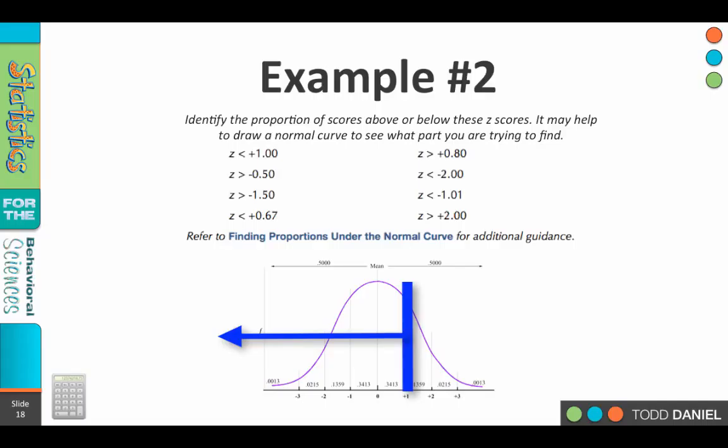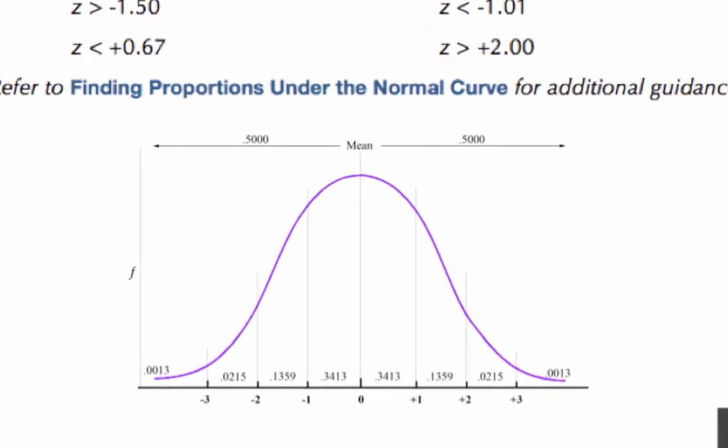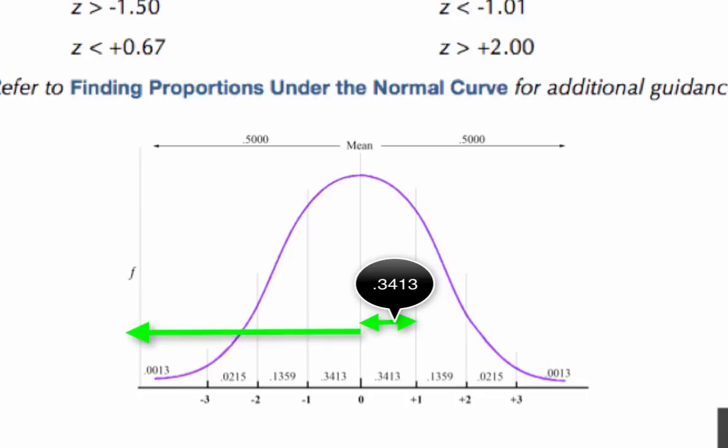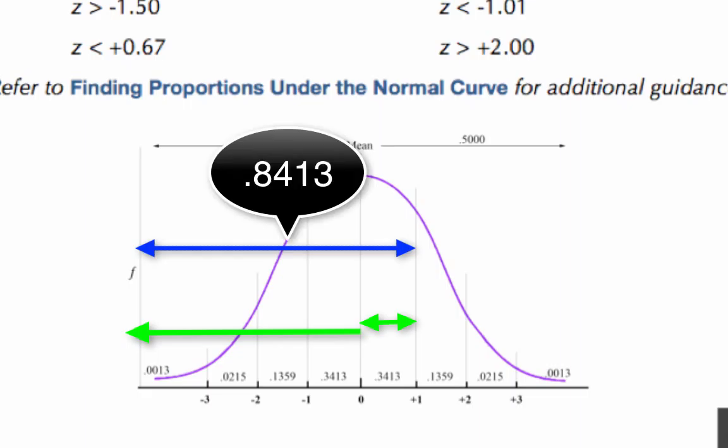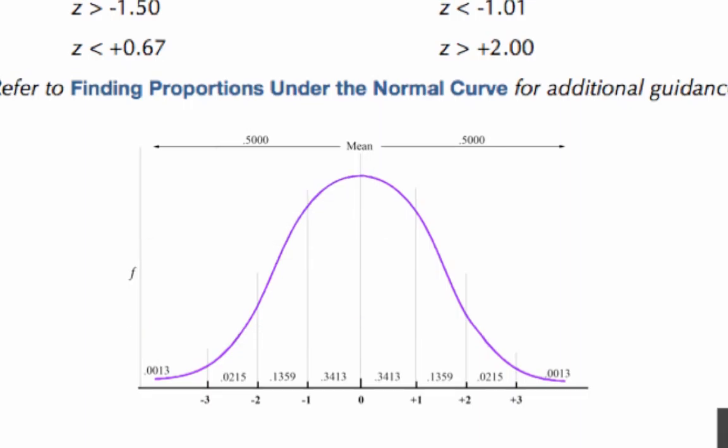And suddenly, this makes our math much easier. So if we know that 0.3413 of the scores are between the mean and positive 1, and we know that 0.5000 of the scores are below the mean, we simply add those two together, and we would get a total of 0.8413.